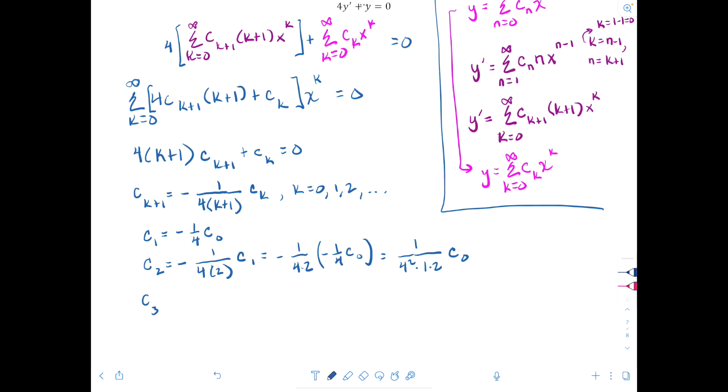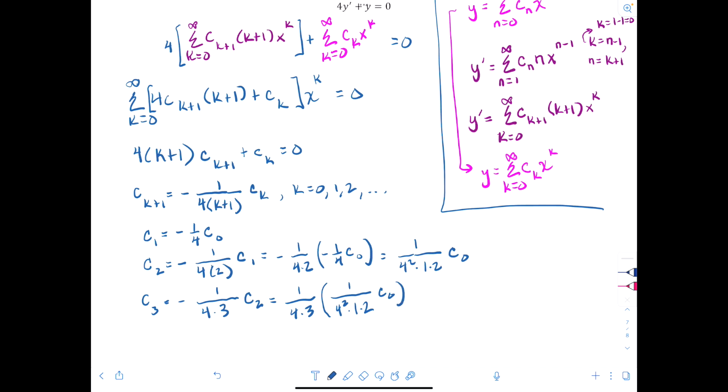c3 similarly will be negative 1 over 4 times, k is now 2, so 4 times 2 plus 1, that would be 3. And then times c2. Well, that would now be 1 over 4 times 3 times 1 over 4 squared times 1 times 2 times c0.